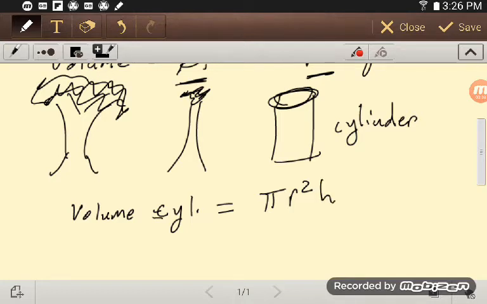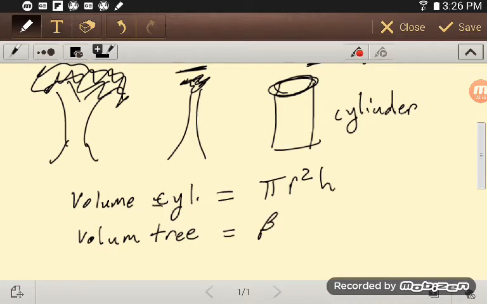And so given that, since radius is just half the diameter, I might expect the volume of a tree to simply be some, and I'll just call it a beta, times diameter squared h.